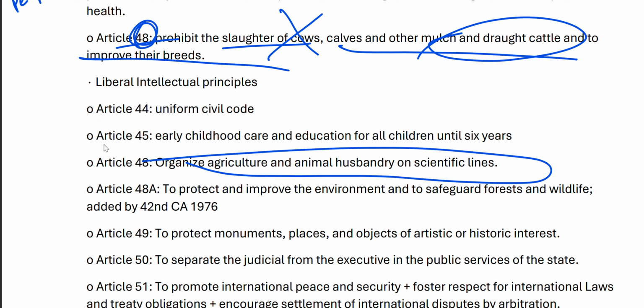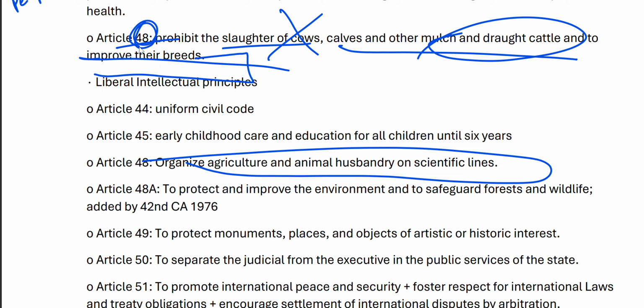So 48 is going to have two things. 47 is related to liquor, people's health and liquor, and 48 is related to cattle breeds' health, and then organizing agriculture and animal husbandry.